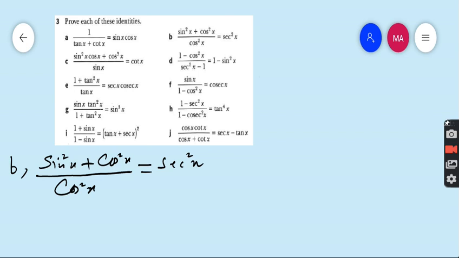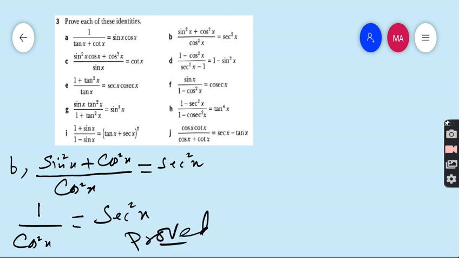The easiest part of this question, because on left hand side sin square x plus cos square x is 1 upon cos square x. 1 upon cos is sec, so it is sec square x. Hence it is proved that left hand side is equals to right hand side. Very easy. Move to part C.